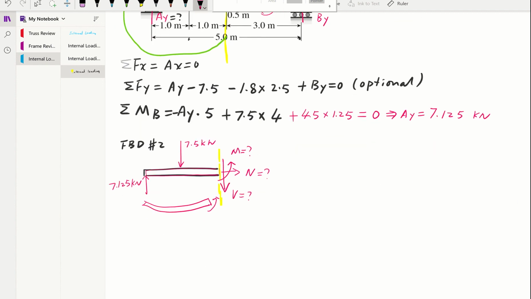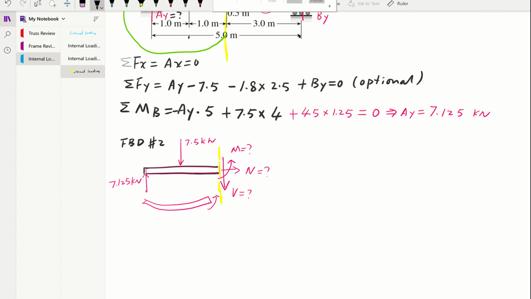Okay, so now we're going to write down our equations. So forces at x direction, you already seen this before. That's just going to give us normal force equal to 0 because there's no other external horizontal forces, right? So we have forces at y, then we'll have upward force 7.125 going up.